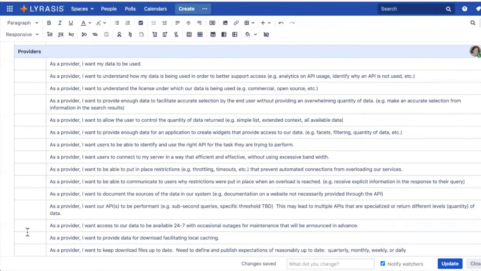So usually we do this. Okay, dear customer, we need to stop our server, so to stop giving you access to our data from 2. I think that this is the sense of this user story. But Lynette, please, I let you confirm or not.